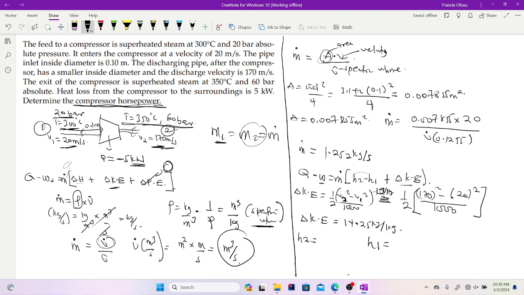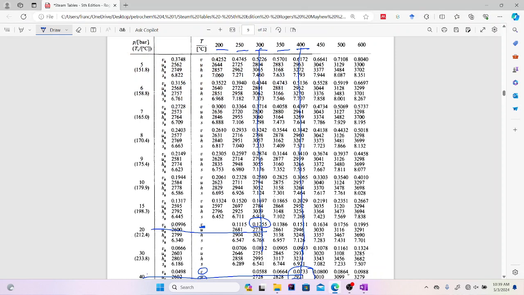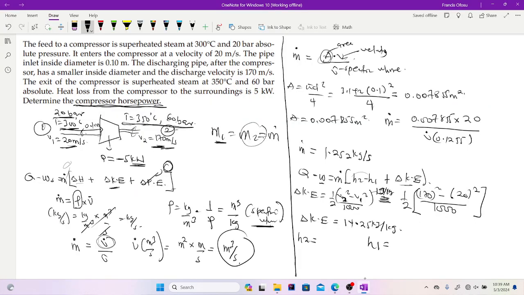So 350 and 60 bar. I think for the 20 and 300 we read about it from the side. So the enthalpy would be 3025 kilojoules per kilogram.